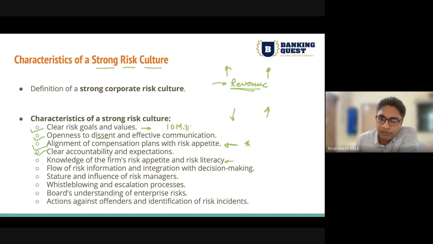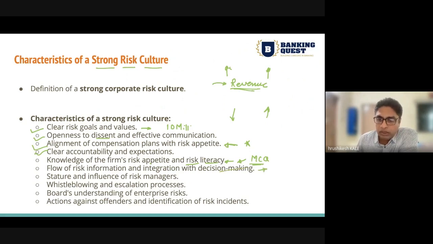So nowadays, many companies are giving a small MCQ-type questionnaire to find out whether everyone is risk literate and understands what is going on. Flow of risk information and integration with decision making.